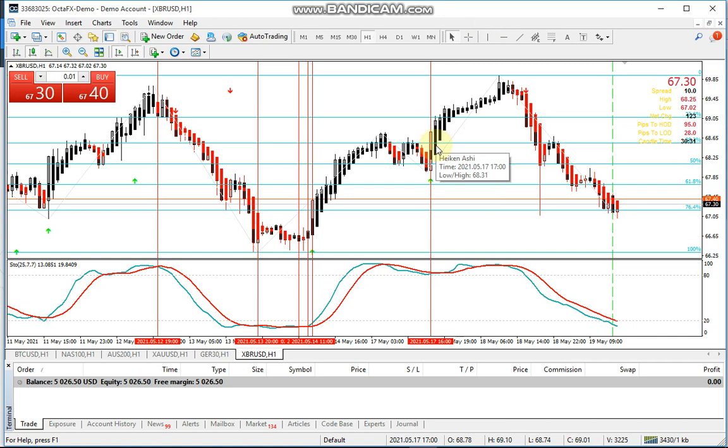We didn't actually cross around this candle. Yeah, so we are actually able to ride this trend.